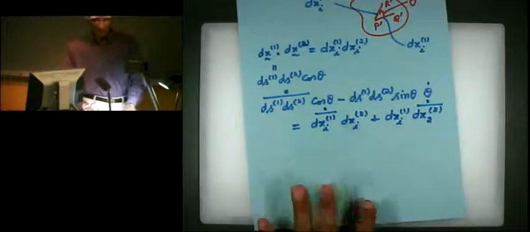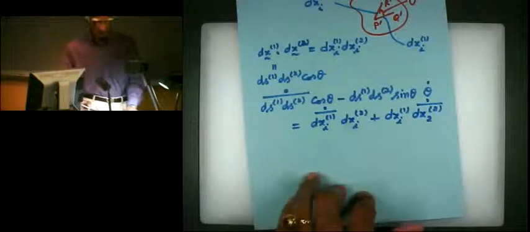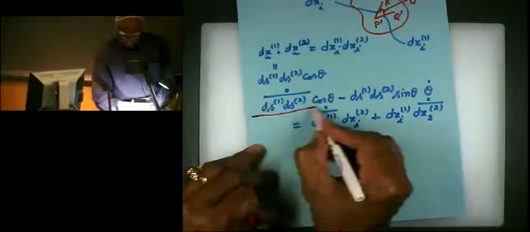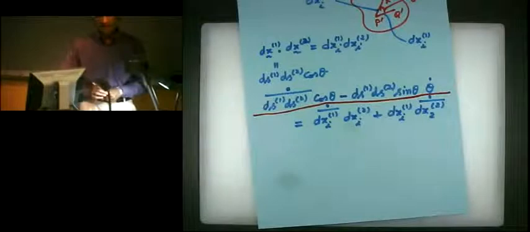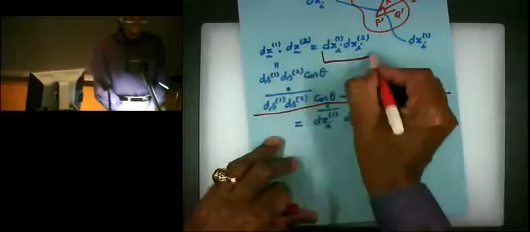Is it okay? Is the line going over the cosine too? No. This is the next line. I'm differentiating this quantity. See, this thing equals that.